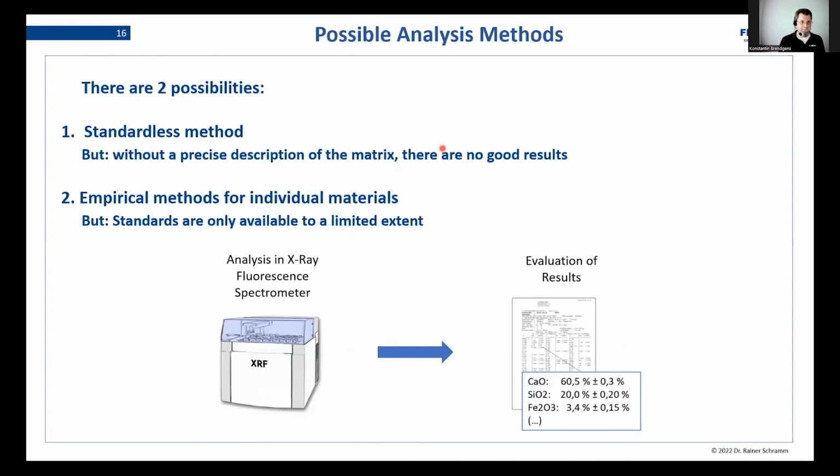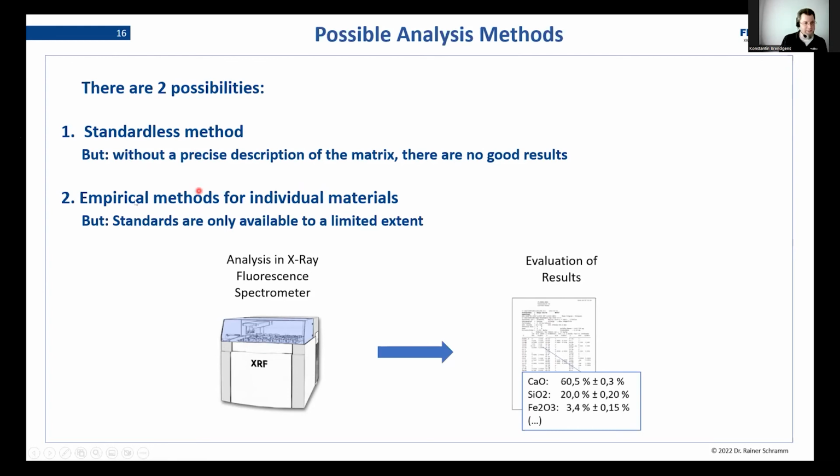So speaking about this, let's go into some details about applications. When it comes to measuring, there are basically two possibilities. We have a standardless method, or fundamental parameter method. If we want to use this one in the case of polymers, we have to describe our matrix, otherwise the results will be problematic.